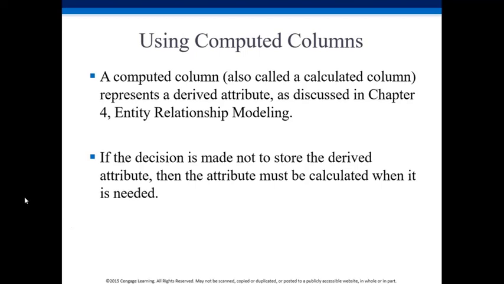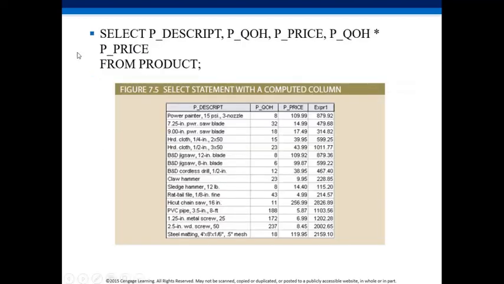For example, for salary, you can calculate the number of hours multiplied by the pay rate of a worker, an employee. For this example, notice that we have quantity times the price.